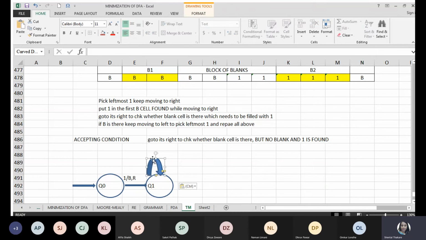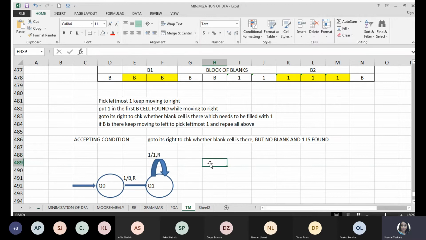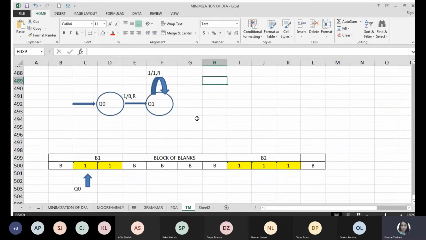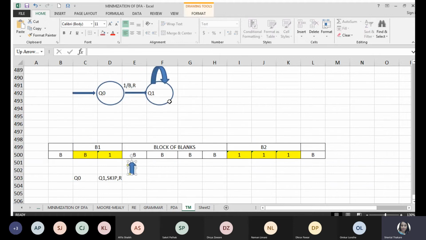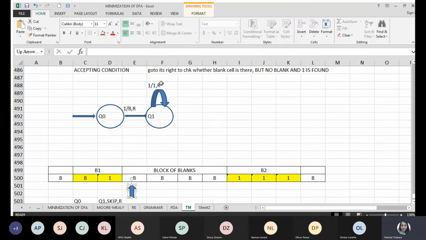So all those ones you need to skip. So if it is 1, let it be 1, move to R. यहाँ पे 1 है, ये आपने पिक किया, this turns blank and you are moving to right. This should be skipped. You are in Q1 and this should be skipped, and you are moving to right.